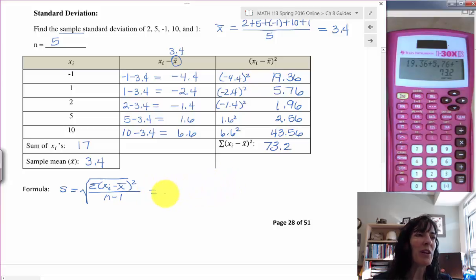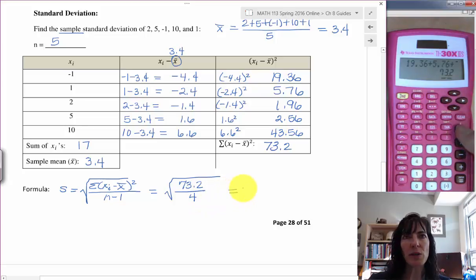So when I plug in my values, still the giant square root, but instead of that whole numerator part, I calculated 73.2. And my n is 5, so I take away 1, and that leaves me dividing by 4. So 73.2 is still sitting on my calculator. I can just do divide by 4 equals, and I get 18.3.